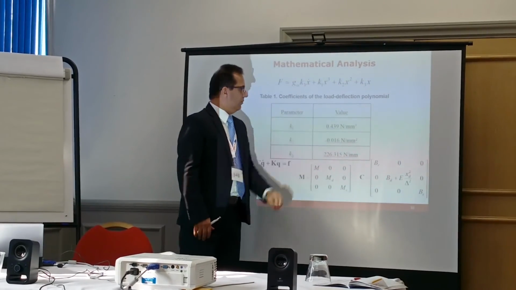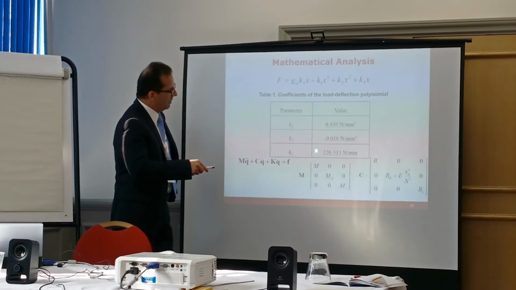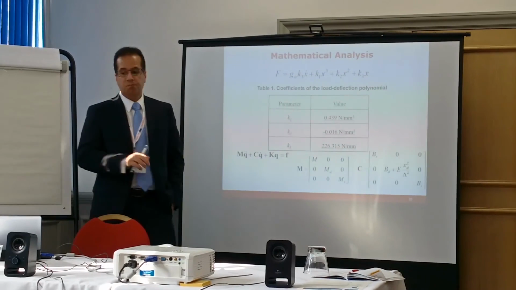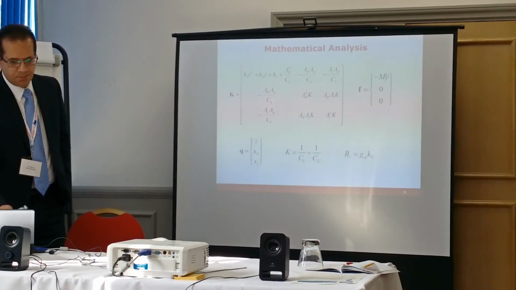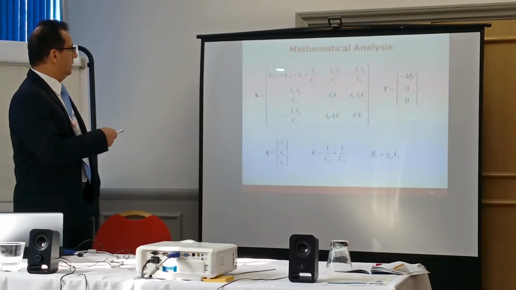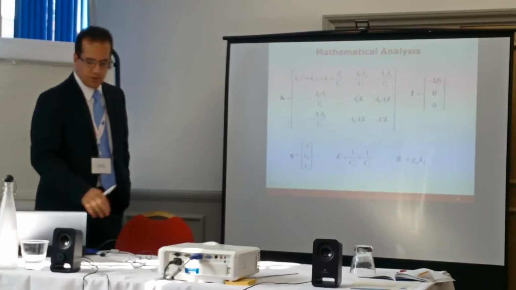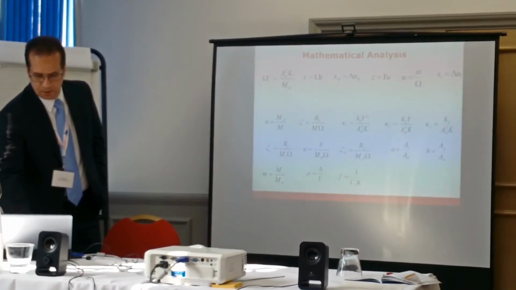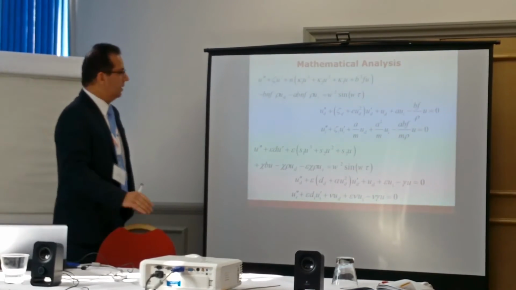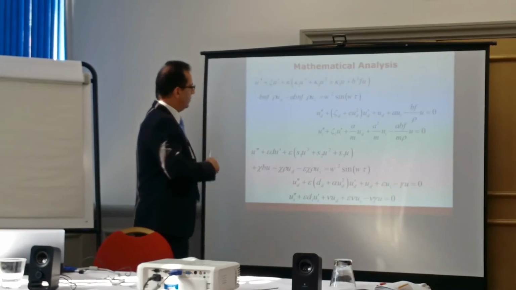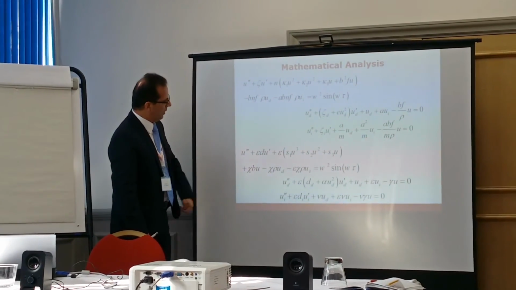The effect of the variation of these numbers that we measure in the lab affects the system. The system becomes nonlinear, and these are K, F, and so on. Some nonlinearization comes into the picture, and we finally introduce three equations.